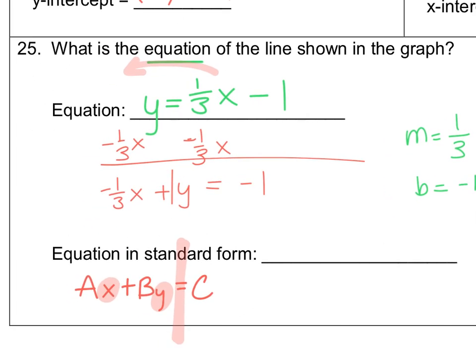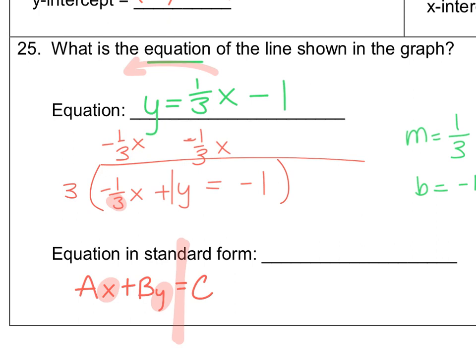Now again, I cannot leave it as a fraction, so I'm going to use that denominator and multiply everything by the denominator to get rid of the fraction. So everything gets multiplied by 3. Now here you can multiply by 3 or -3. They would do the same exact thing.